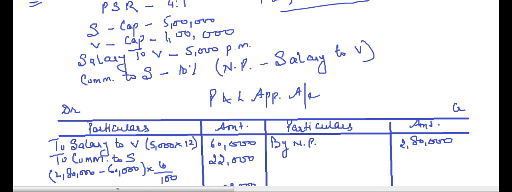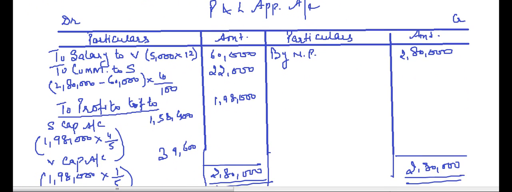That is a blunder, because the question is very clearly saying that first you have to pay salary to V, and after whatever profits are left, you have to pay commission to S. Okay. So you can write this solution.